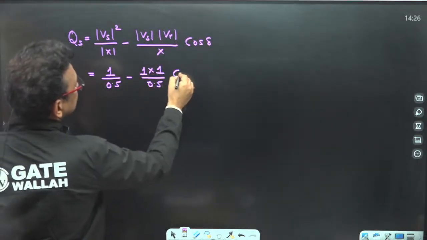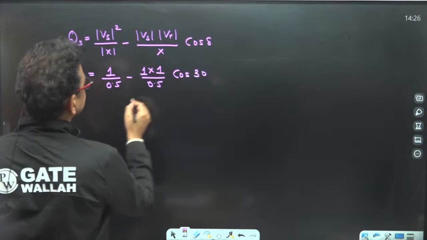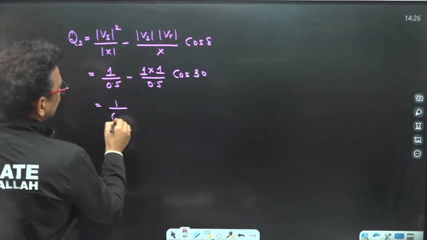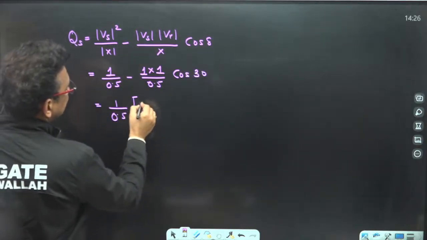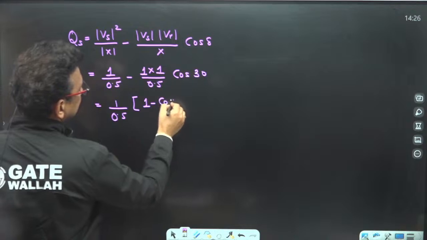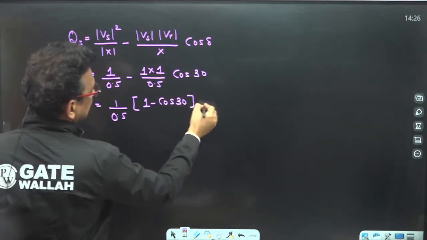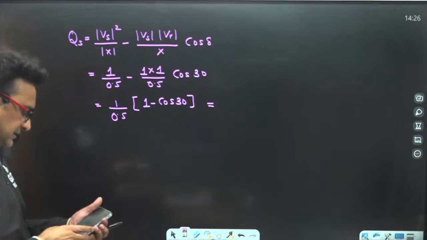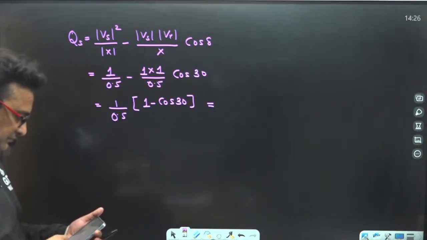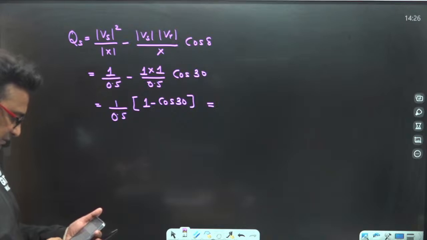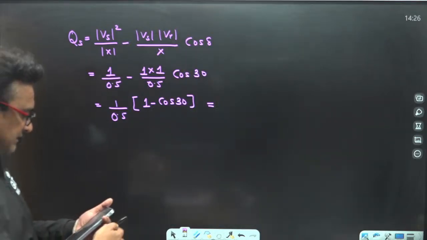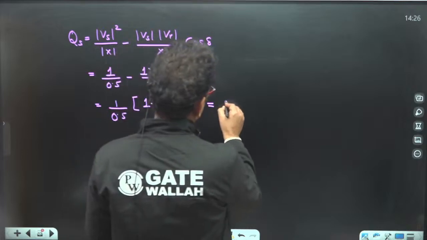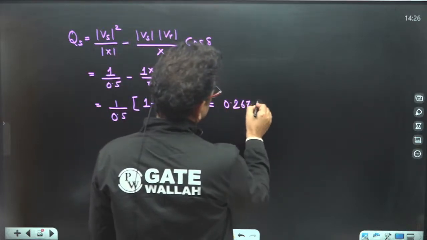Now this cos delta is cos 30 degrees. So 1 upon 0.5, if I take it as a common term, 1 minus cos 30. Find the value of 1 minus cos 30 and divide it by 0.5. It is nothing but 0.267 PU.